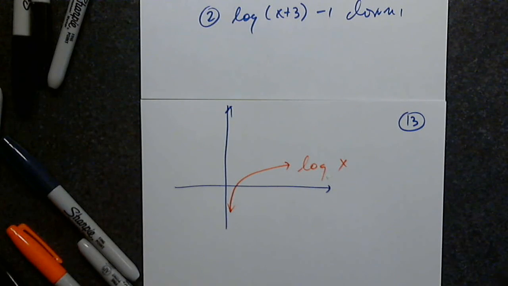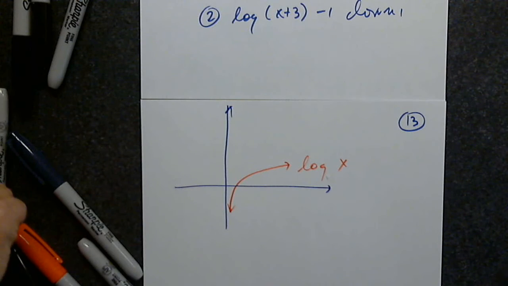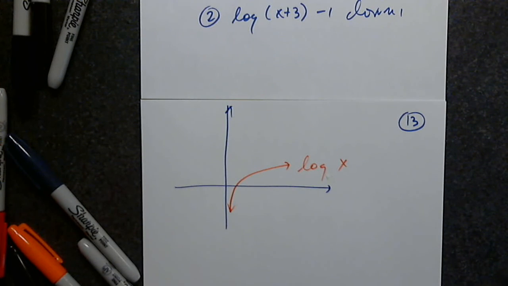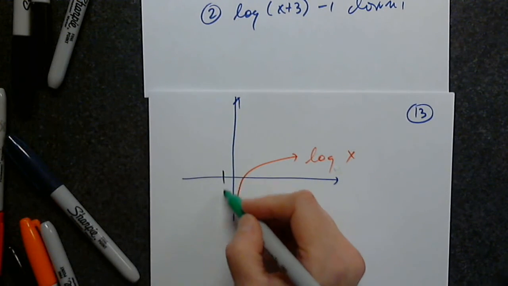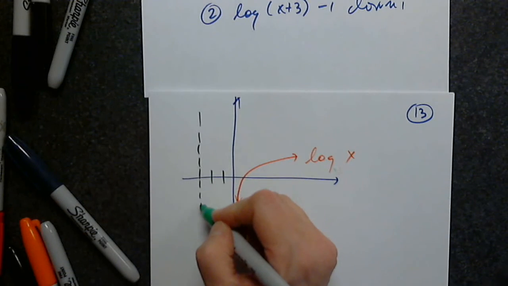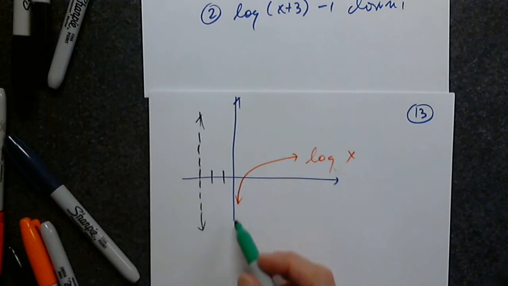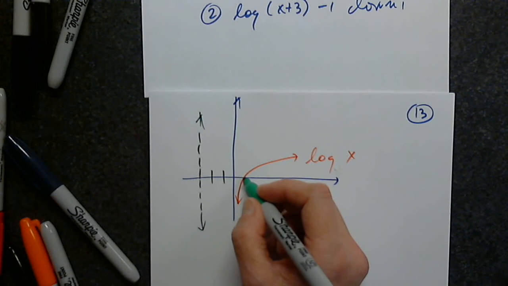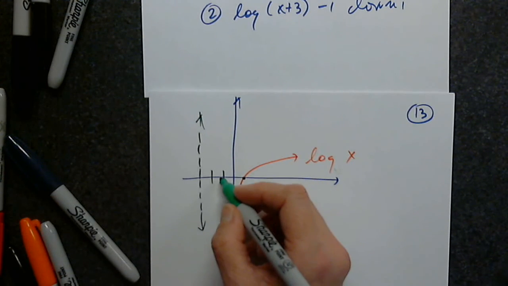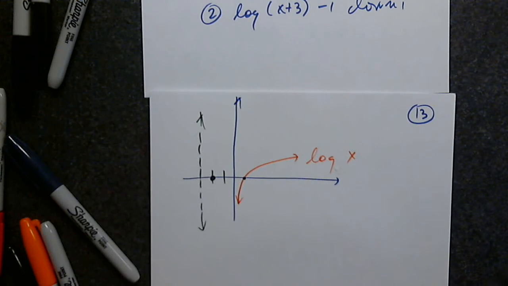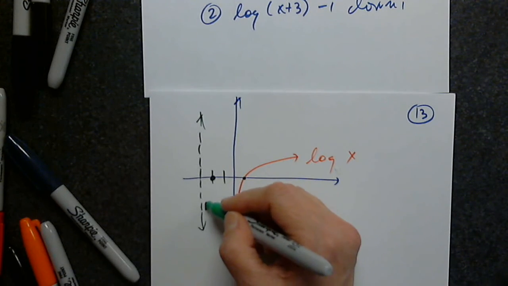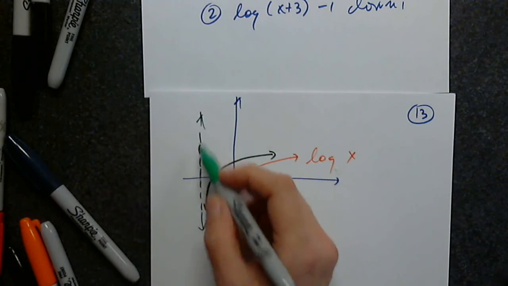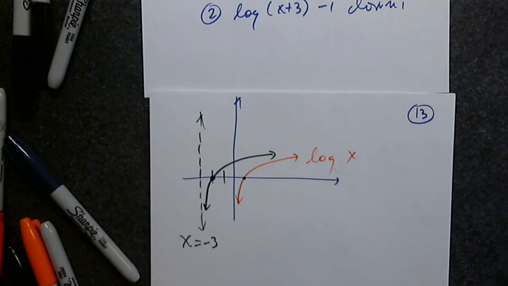So now you told me to shift it left 3, but I have to shift the vertical asymptote first. It was initially at 0, so it moves to the left 3. So now this point that was initially at 1 has to move to negative 3. I'm sorry, negative 2, of course, because the vertical asymptote is at negative 3.